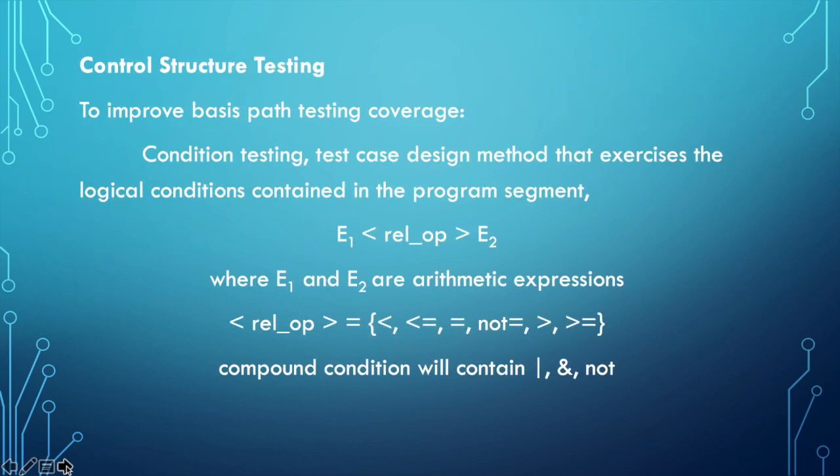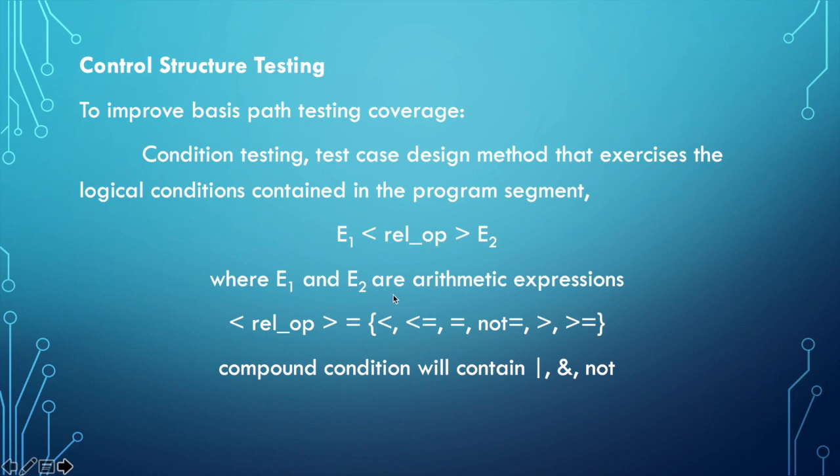So there is control structure testing. Here in the testing case, we always see this kind of construct of an expression E1, and there is a relational operator with E2.